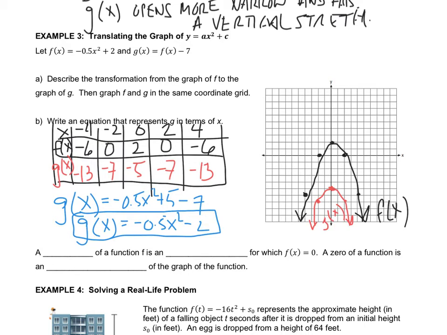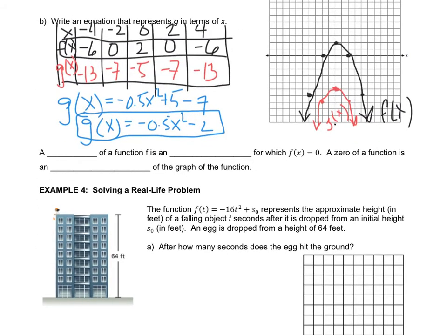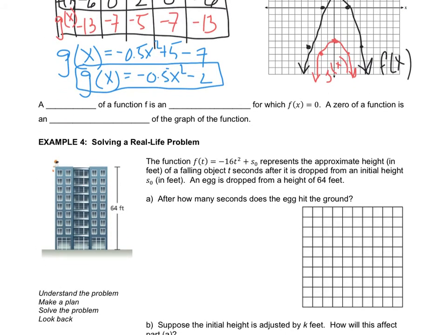Next, we want to talk about an important definition here for the zero of a function. So the zero of a function, this is actually another term that we've been using, just not this term. The zero of a function is an x value where the function's value, the f of x, is worth 0.